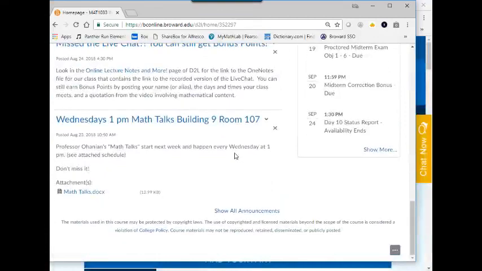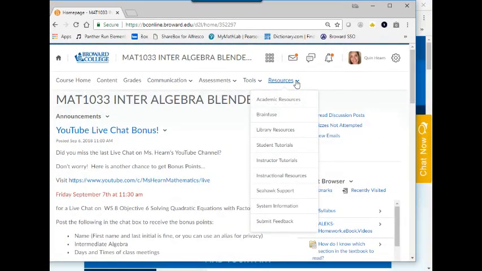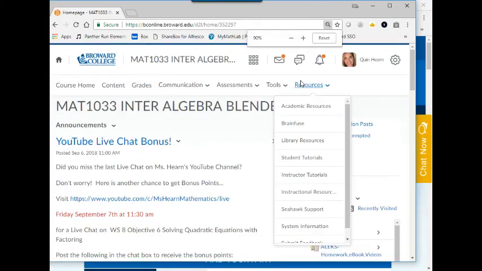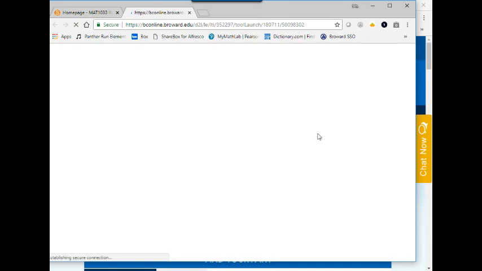Here we go. Under the resources tab, let me make this a little bigger. Under the resources tab, it says academic resources and then BrainFuse. So we're going to click on BrainFuse.